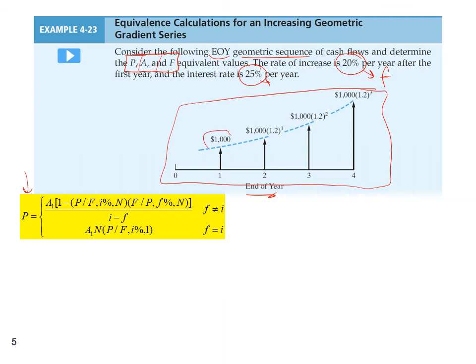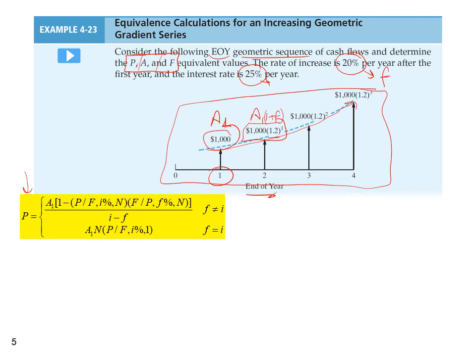The first cash flow should appear at the end of year 1, and this is the A1 amount. And the second cash flow should be 1 plus g times this A1. And all succeeding cash flows should be g% more or less than the previous one.